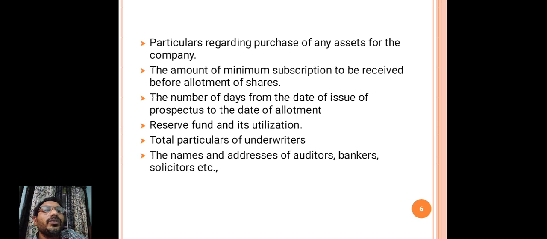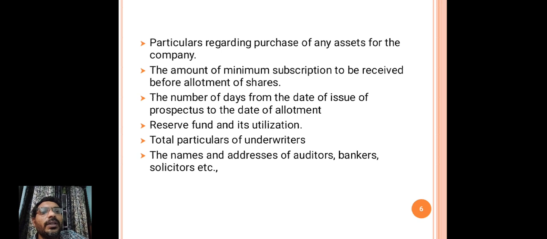The amount of minimum subscription to be received before allotment of shares. The number of days from the date of issue of prospectus to the date of allotment. Reserve fund and its utilization.